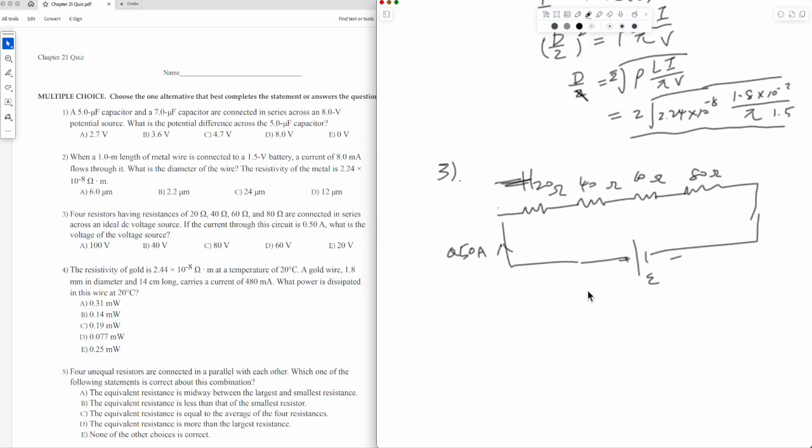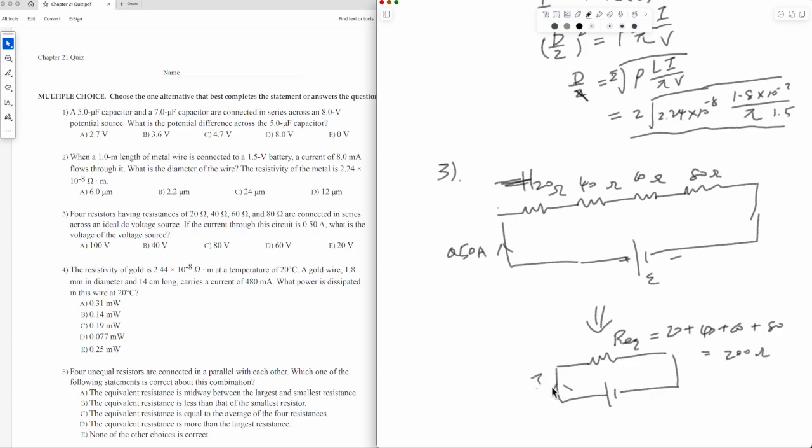Well, the key for solving this kind of problem is you can make that into a simple circuit like that. You see, EMF, right? So what is equivalent resistance? You see, connect together in series. This is resistors, right? Equal to 20 plus 40 plus 60 plus 80. This equal to 200 ohm, right?